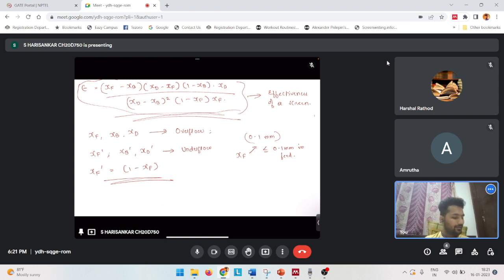But then xF dash, which is based on the... okay, there is a slight confusion here. This is actually greater than or equal to, because it's overflow, right? So xF dash will be particles having size less than 0.1 mm in the feed.